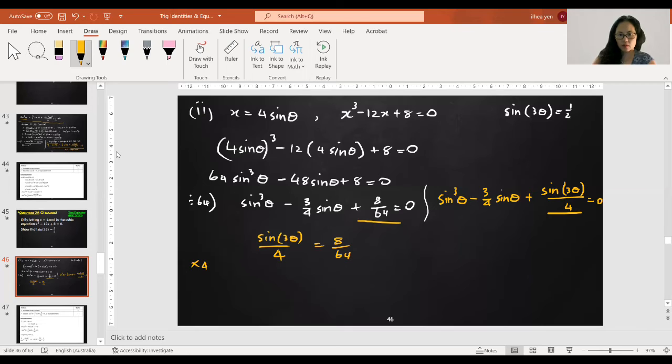Times by 4, you will get 32 over 64, which is a half as required.